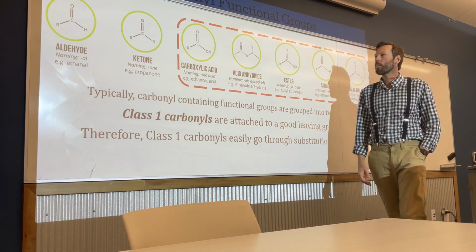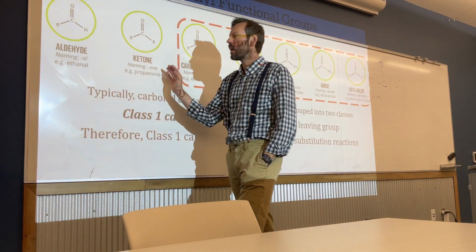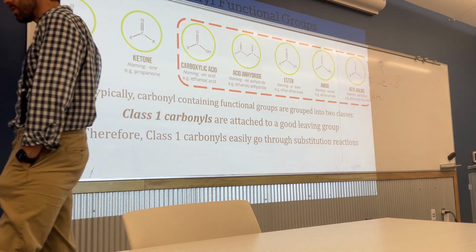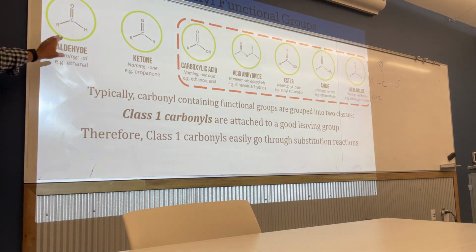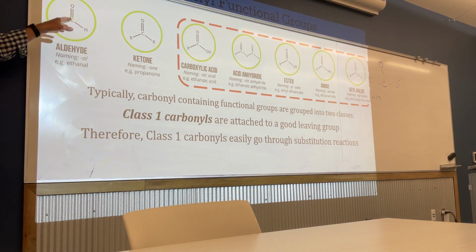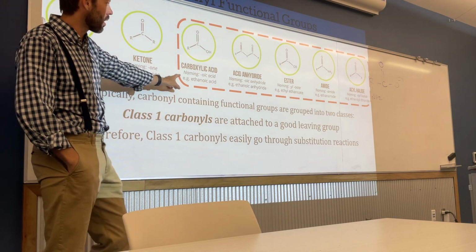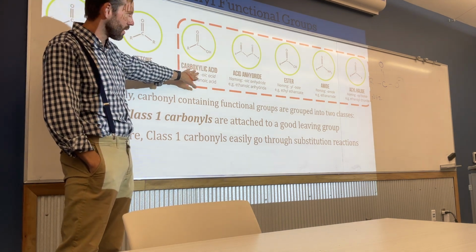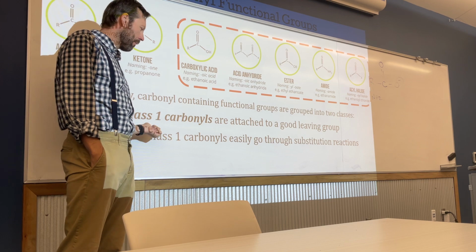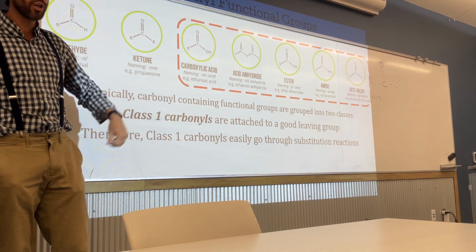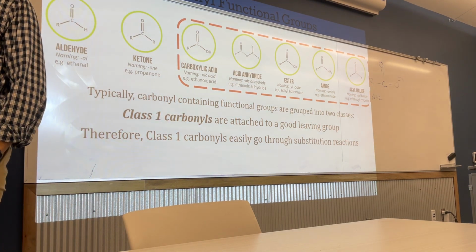All right, so we've been talking about aldehydes, then we talked about ketones, and those are the class 2 carbonyls. The class 1 carbonyls, which we'll talk about today, carboxylic acid, are those that have a good leaving group, all right?